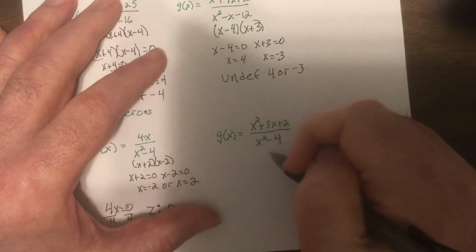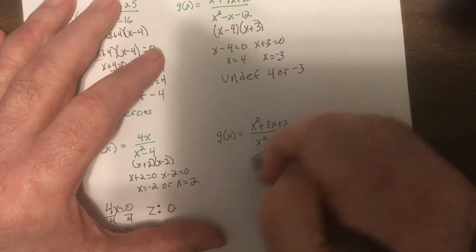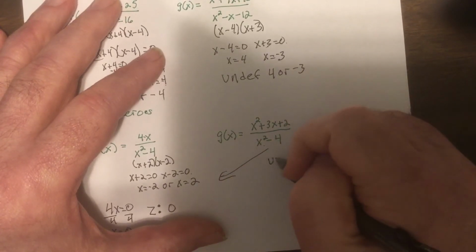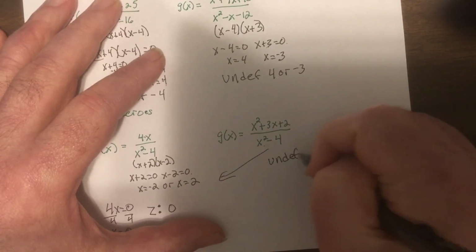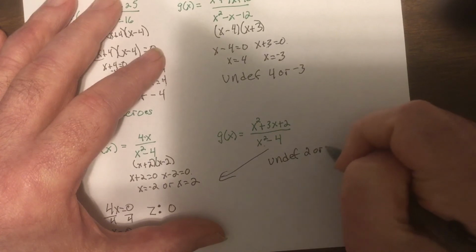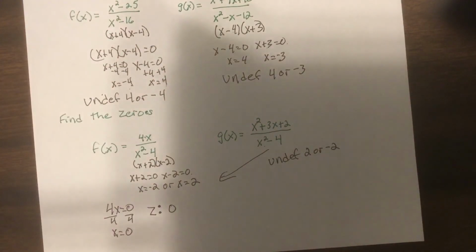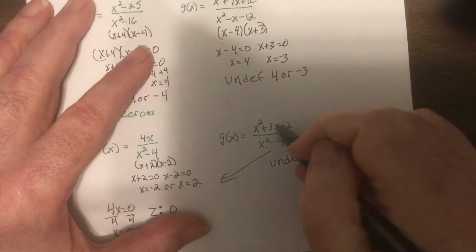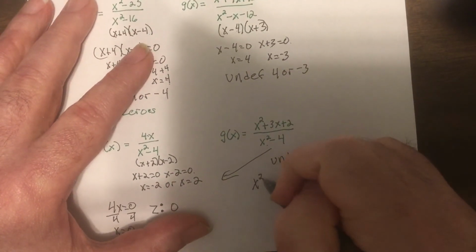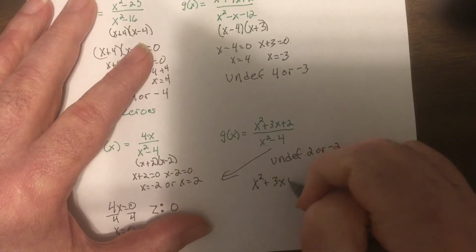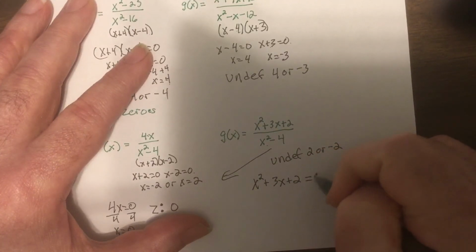Next one. Oh, I put the same bottom on, so we already know the undefined. It's 2 or negative 2. Now, let's find the zeros. So x squared plus 3x plus 2 equals 0.